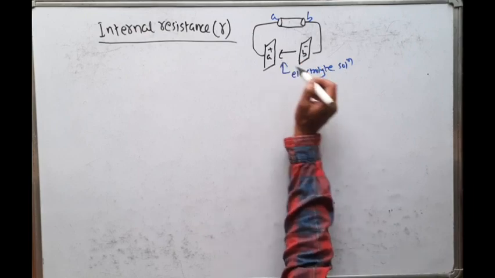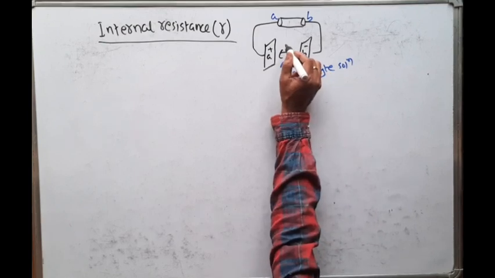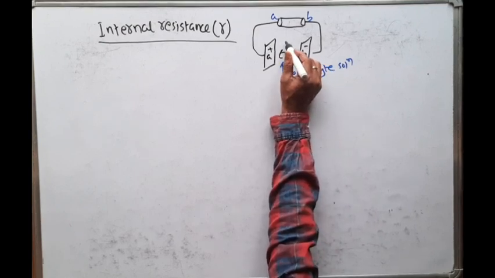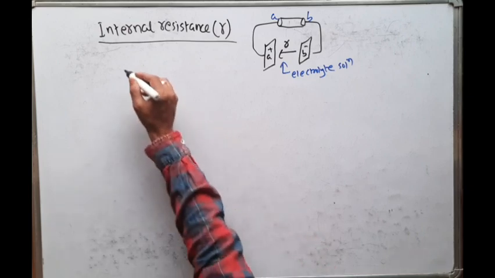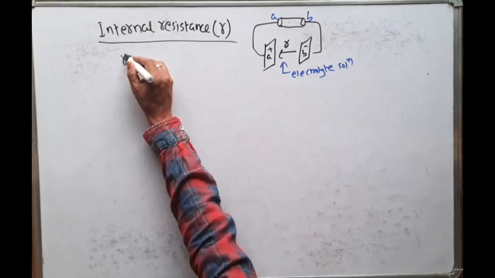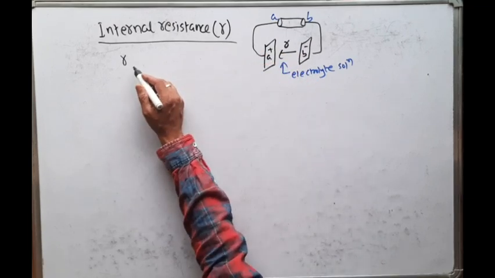When current passes through the electrolyte solution, that electrolyte solution will also oppose the flow of current. That opposing characteristic of the electrolyte solution is named internal resistance r. So the internal resistance inside the EMF source will oppose the flow of current.